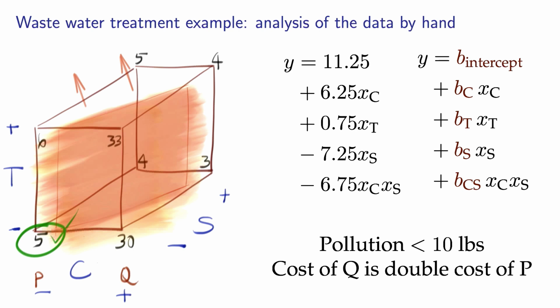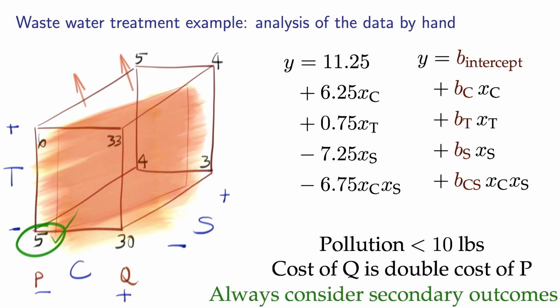We still meet the requirements for safe operation because we're below the government level of 10 units, and we use less energy for stirring and a cheaper chemical, P. Actually, what we've done here is considered an additional outcome in our mind, profit. Recognize that profits or cost often play a role in any system, so you should always be aware of the economic impact of every corner in your cube.